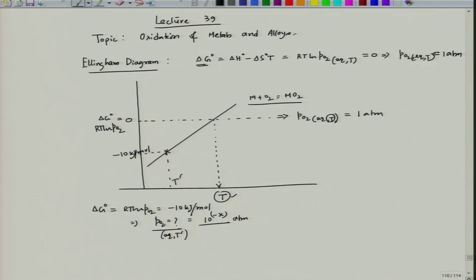In order to do that, let me go back to one interesting equation, which is dG equal to V dP minus S dT. This equation is one of those Maxwell equations.